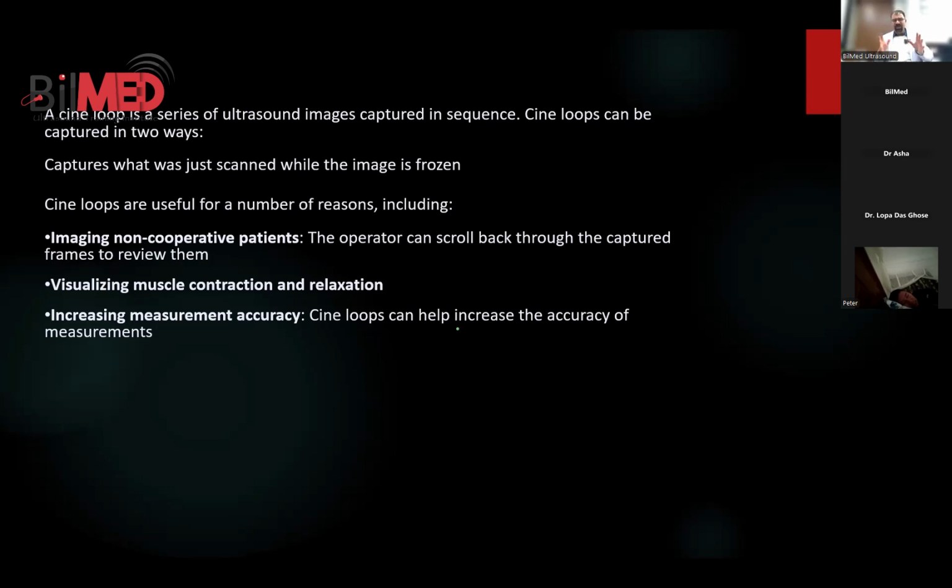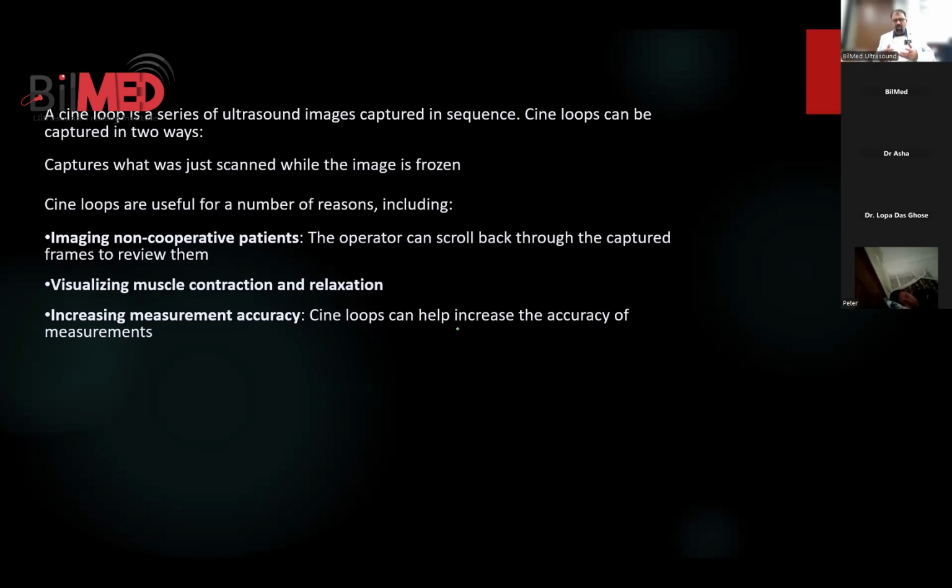A myometrial contraction is not an easy thing to see on live scanning. And here comes the role of the Cine loop again. You will set it, you will freeze the image, and you will scroll down the Cine loop slowly, and then only you will see whether or not there are these muscle contractions. I mean, the myometrial contractions in the given case.